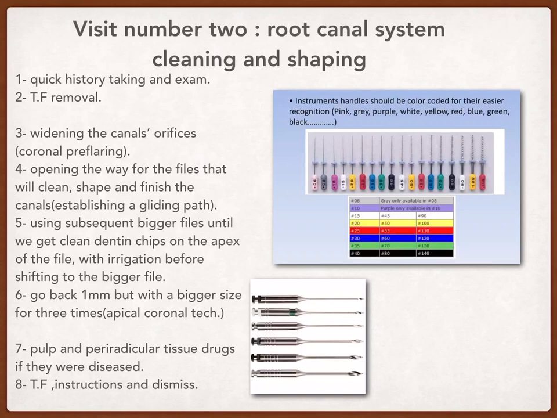For example, if we have the clean dentin chips at the apex of the file as size number 40 with a working length 20, the step back technique or the apical coronal technique or the ISO technique says that we should use file number 45 but on a working length 19, then file size number 50 on a working length 18, and then a file size number 55 on a working length 17.